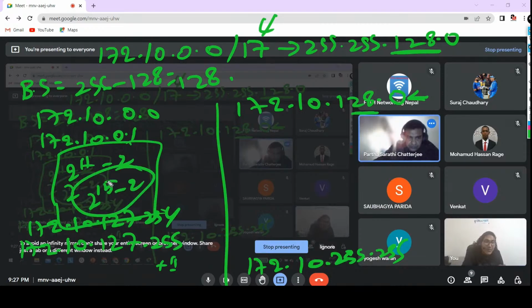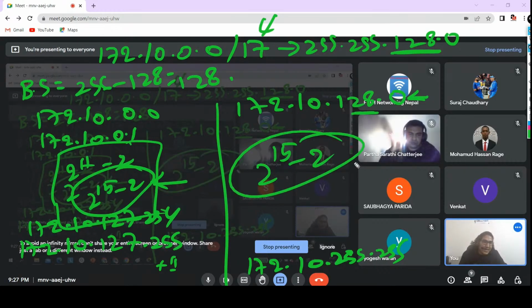If you need a large network, you will use IP addresses from class B. Here you can see I am dividing a class B network into 2 parts, and I am getting this many usable IP addresses in one network. In the same way, here also I will get 2 to the power 15 minus 2 valid IP addresses.